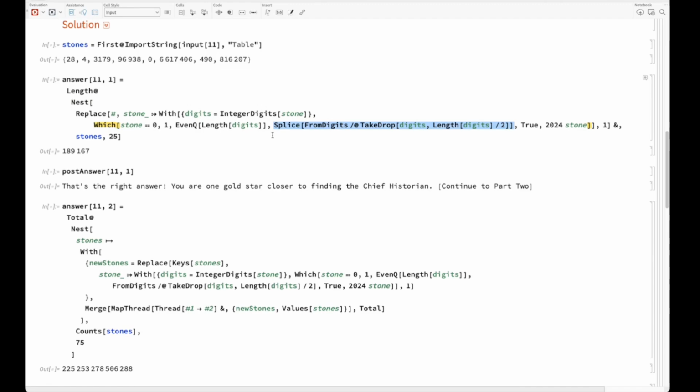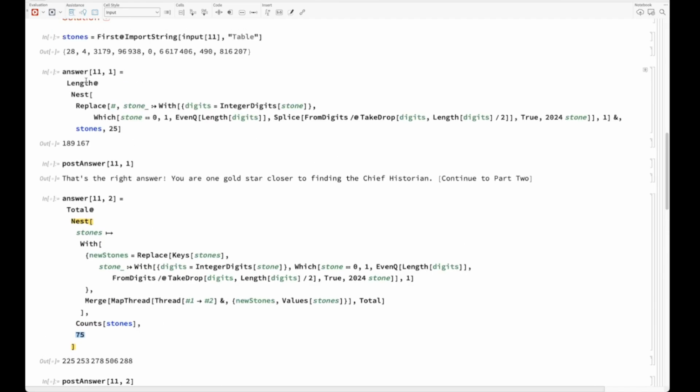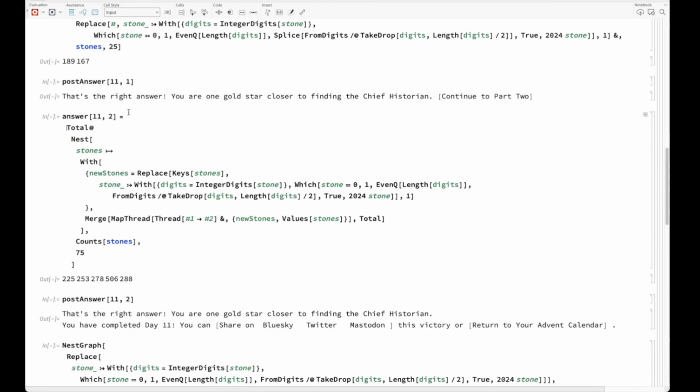So the more steps you do, the more complicated it is. And the second part was simply the same question, but for more steps. Instead of 25, you have to do it 75 times. And this naive solution wouldn't work because that list is already too large to be reasonably computable.